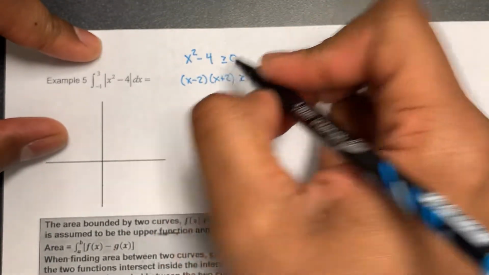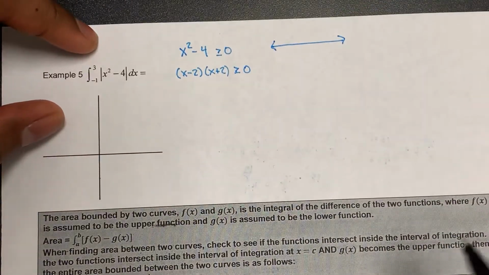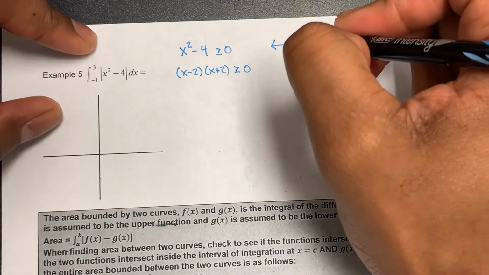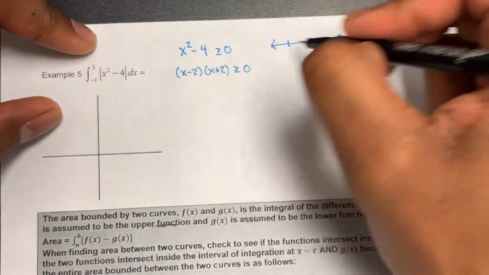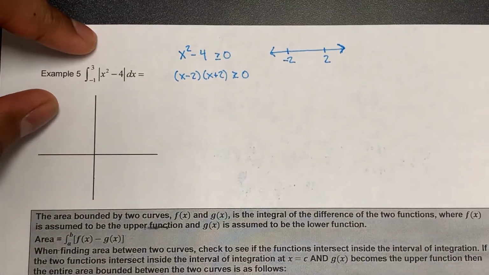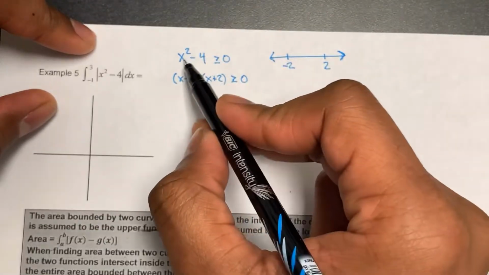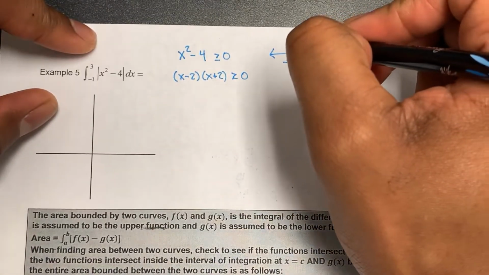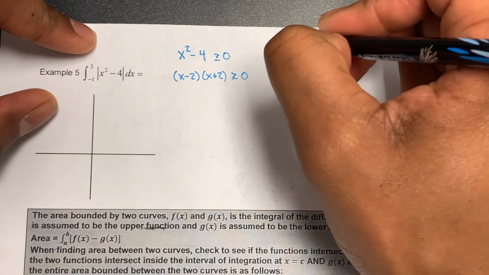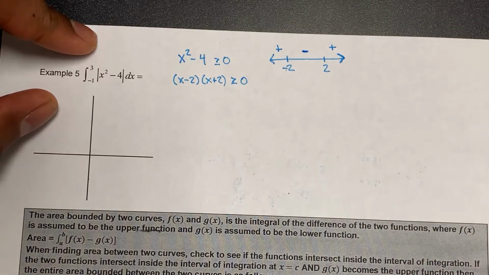So x equals 2, x equals negative 2. Very similar to the first derivative test, we put our critical values, negative 2 and positive 2, on the number line, and say we choose x equals 0, that's clearly going to produce a negative 4, and it should just alternate signs because these roots are of odd multiplicity.